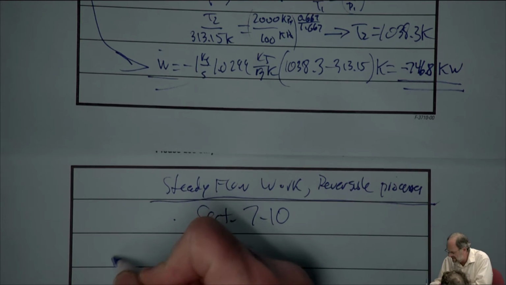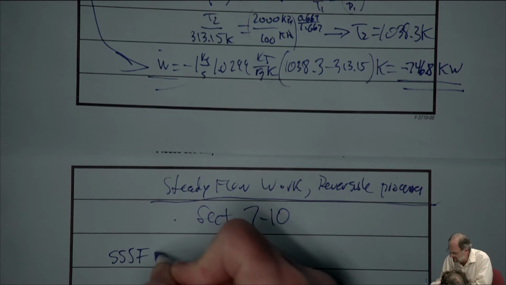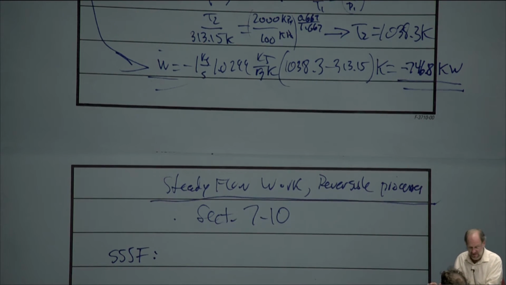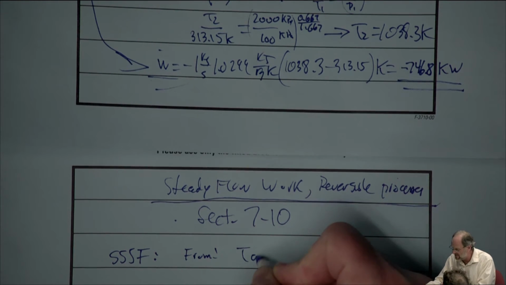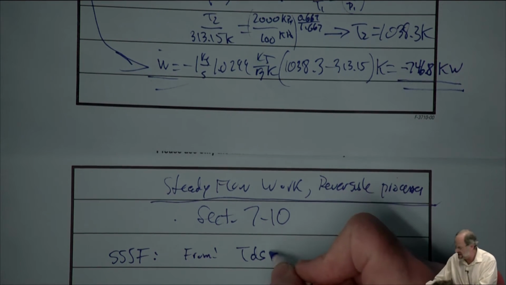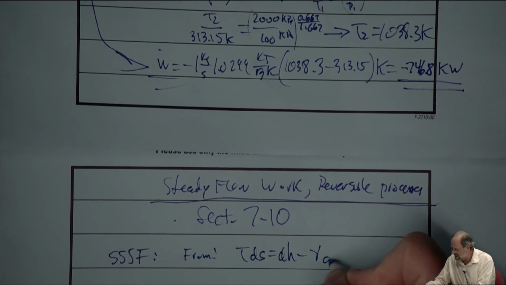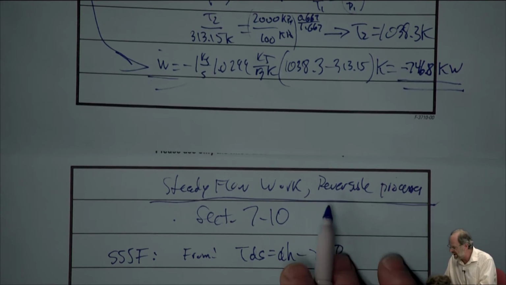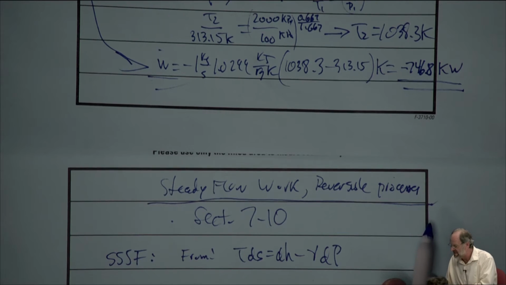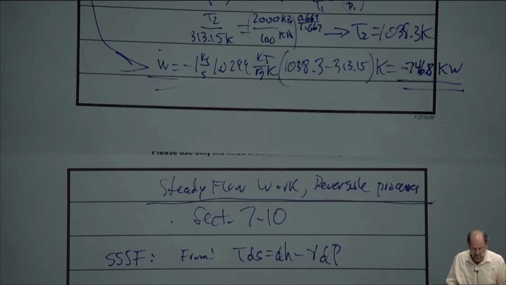If we have a single stream steady flow process, let's go back to one of those TdS relationships, the one that says TdS equals dH minus VdP. If we have this particular relationship, and we're specifically talking about a reversible process, we would also often be interested in adiabatic reversible processes.